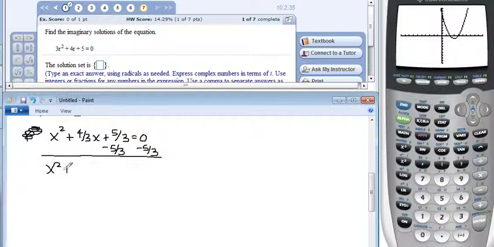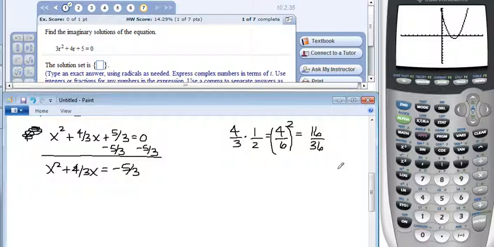So now I have x squared plus 4/3 x is equal to -5/3. All right. What's my x term? It's 4/3. I want that in half. Multiply that by a half is equal to 4/6. Square it is equal to 16/36.